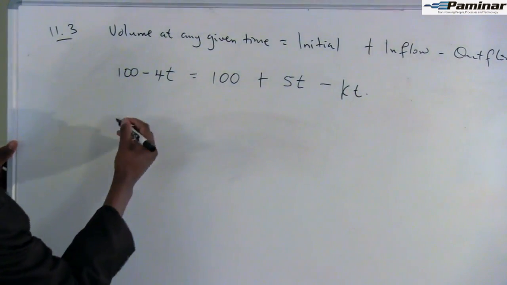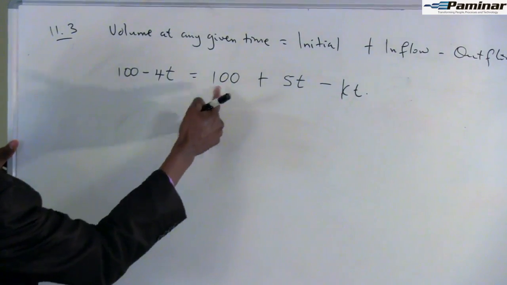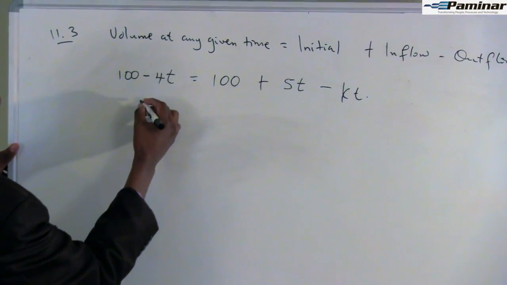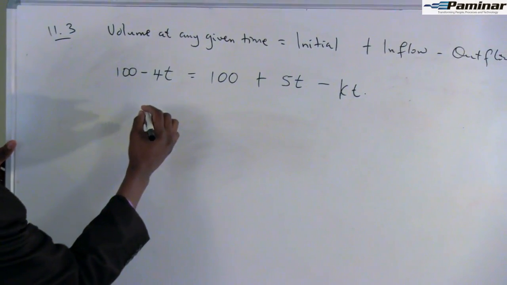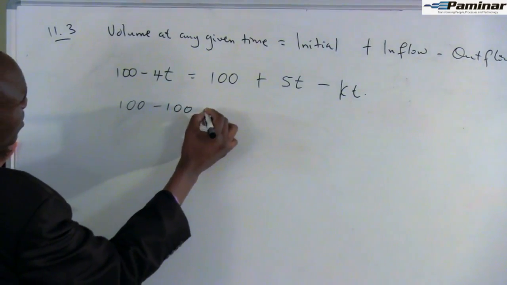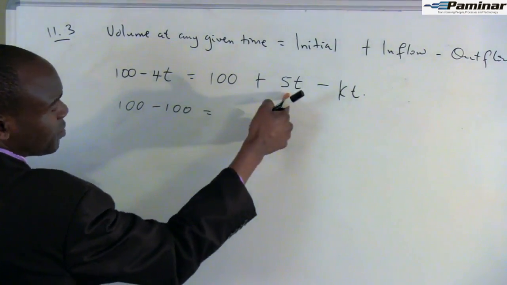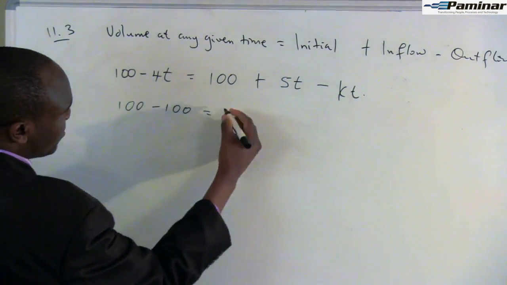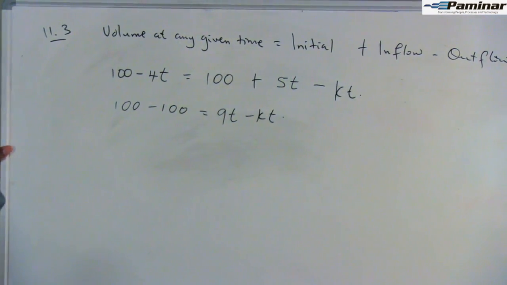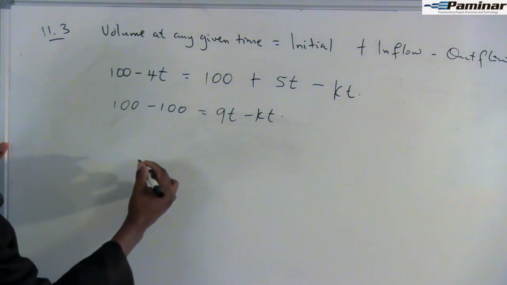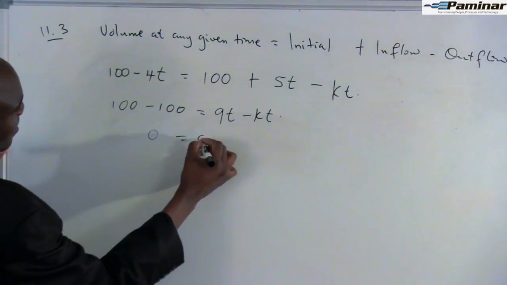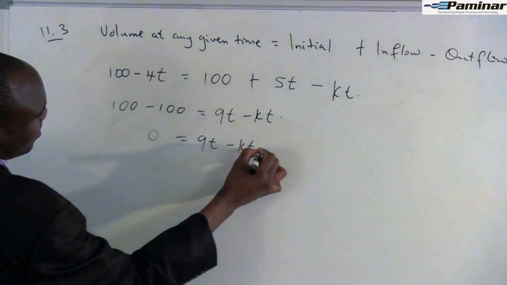So what are we going to remain with? 100 minus 4T equals 100 plus 5T minus KT.